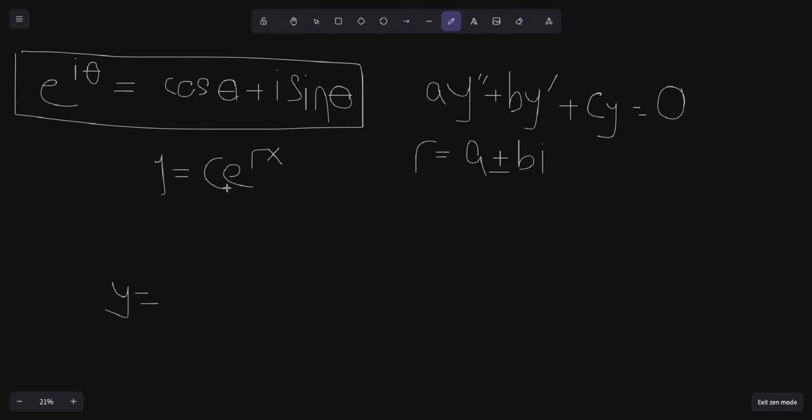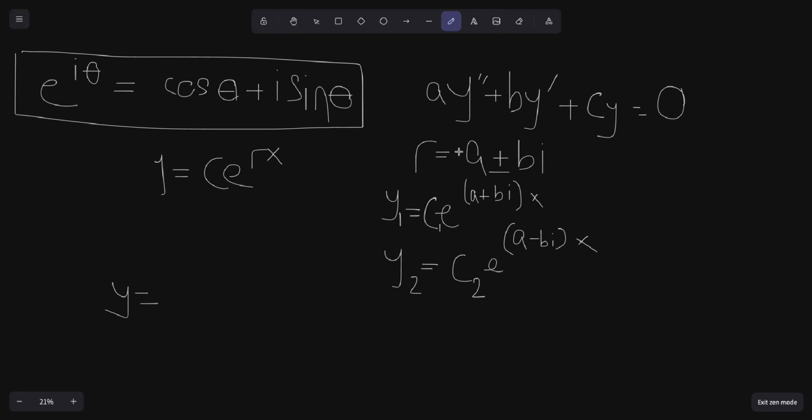Okay, so we know that one solution, I guess we can call this y1, is equal to c1 times e to the rx. And so one rx that we can have is a plus bi times x. And then the second solution that we get is this right over here, where our exponent is just going to be a minus bi, right?